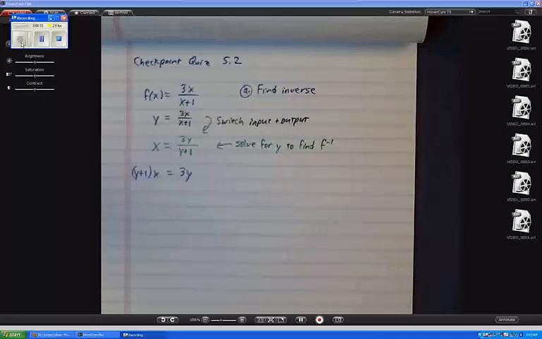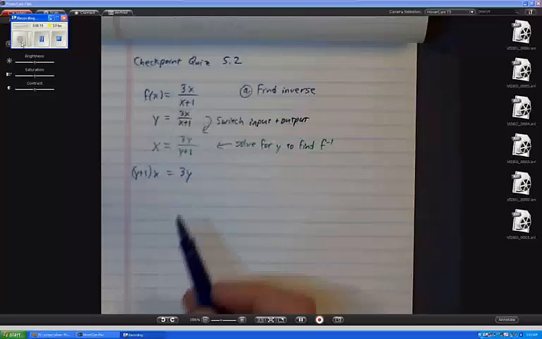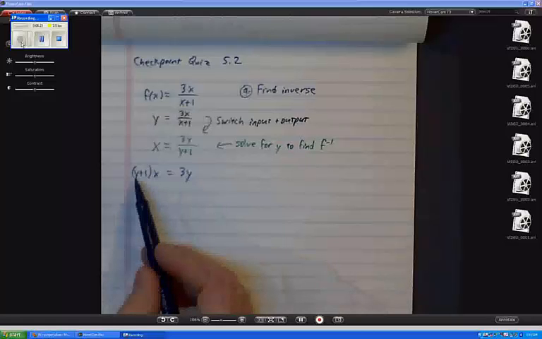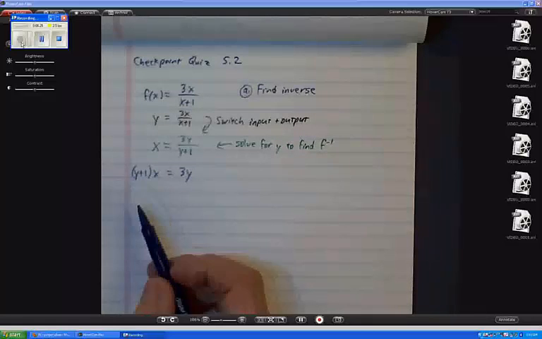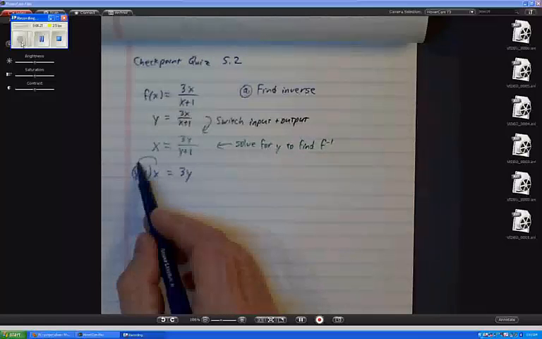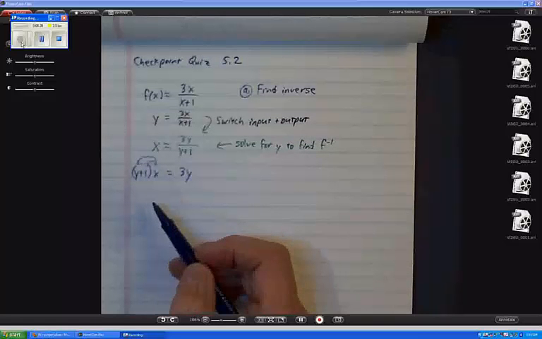So now what am I going to do? You want to divide by 3? I guess I'd have this y by itself then. But the problem is that there's also a y over here. This one's a little tricky. Here, watch this step. Let's distribute the x. How come? I don't know, just because. It's my instincts.